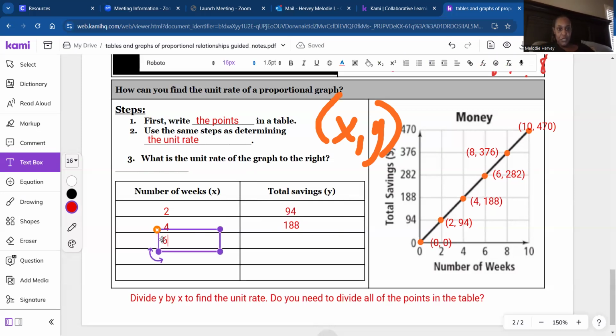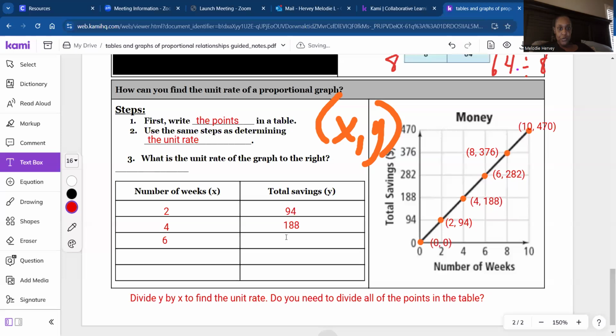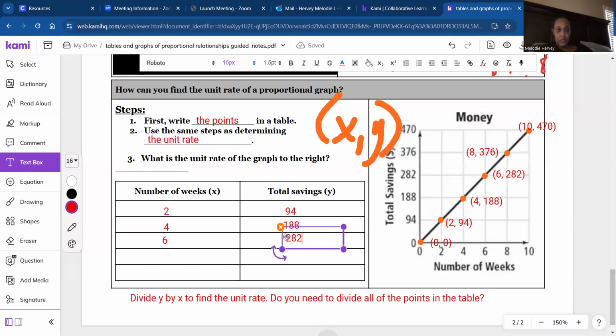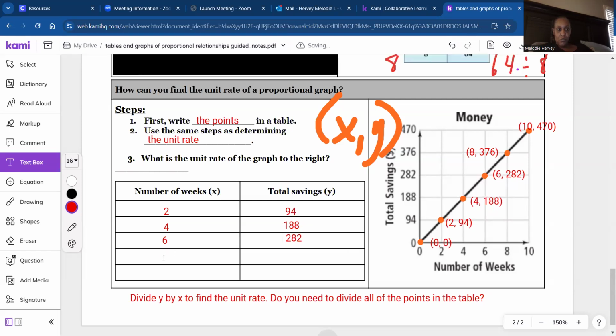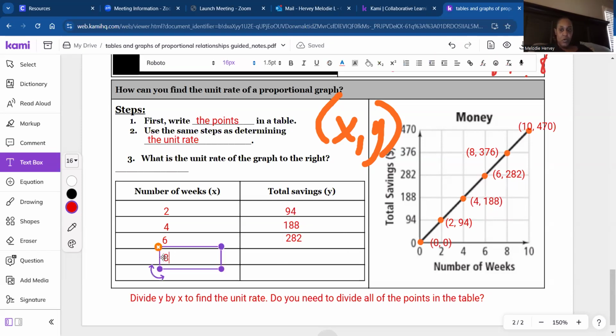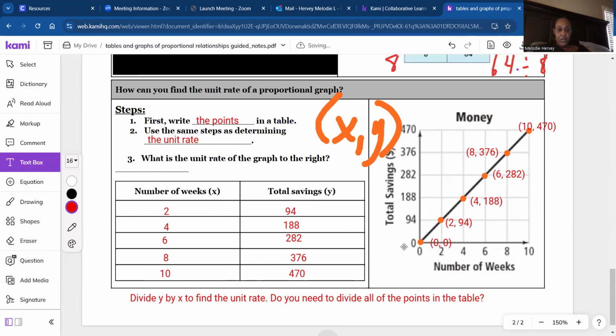It's just nice for it to be in some type of order. All right, so these are our points.